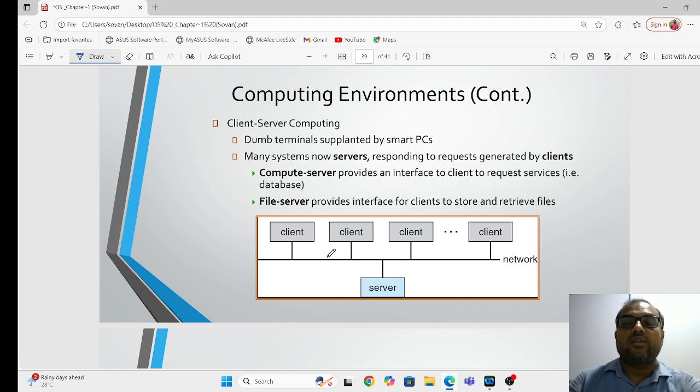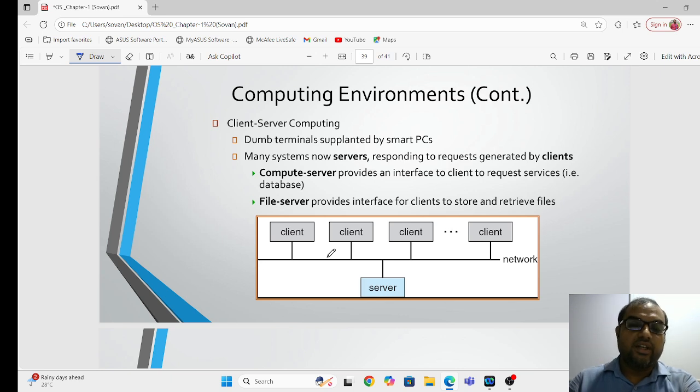So this is another type of network computing. Suppose one server is there, and several clients are connected to the server. Now the client wants to access the server. So first the client sends a request to the server, and then the server checks whether it is busy or not.